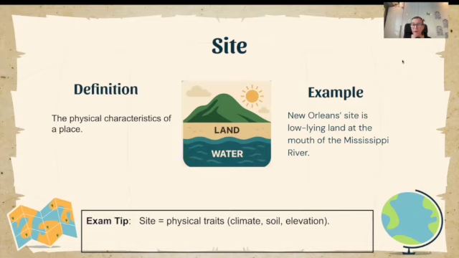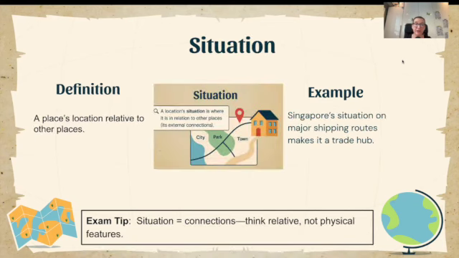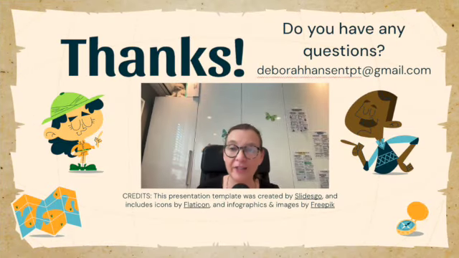For example, New Orleans' site is low-lying land at the mouth of the Mississippi River. So site equals physical traits, climate, soil, elevation. Situation. The definition, a place's location relative to other places. For example, Singapore's situation on major shipping routes makes it a trade hub. Situation equals connections, so think relative, not physical features. And those are your key terms for 1.7 regional analysis.